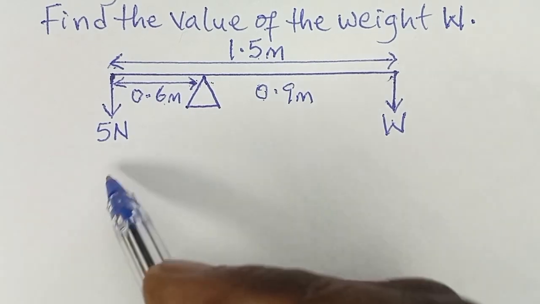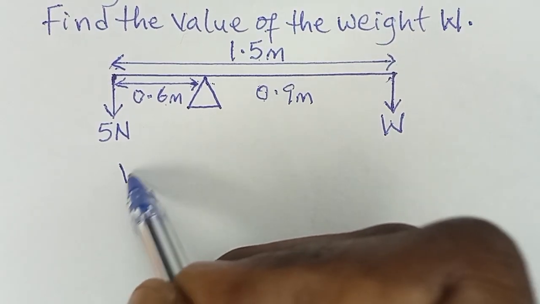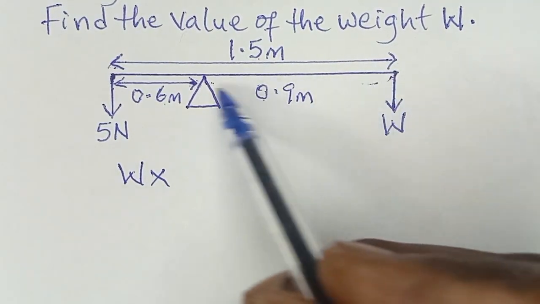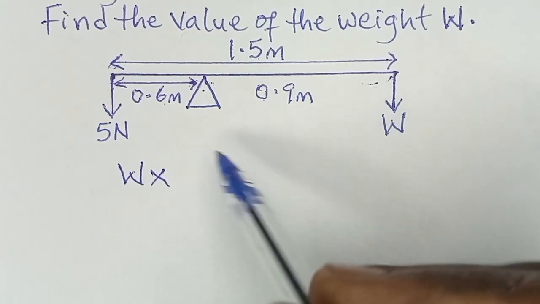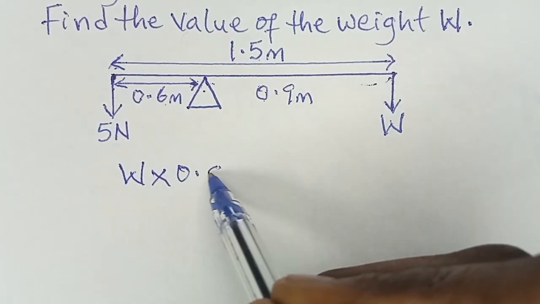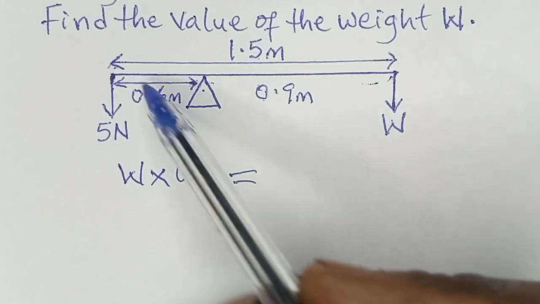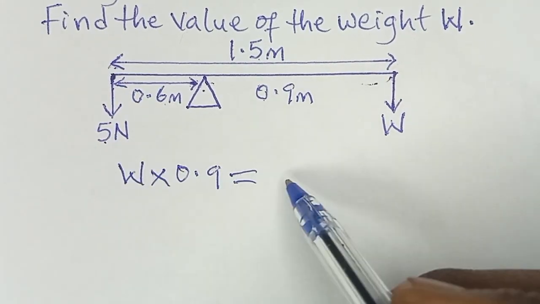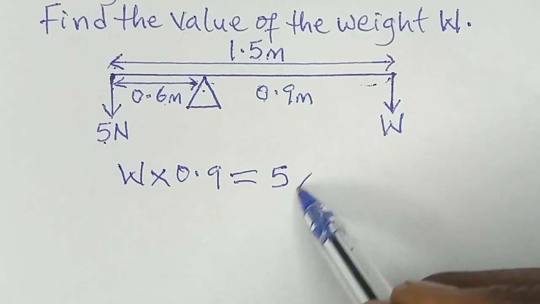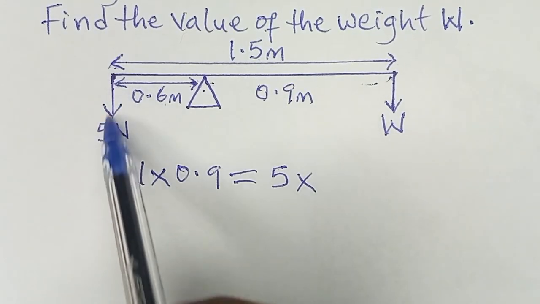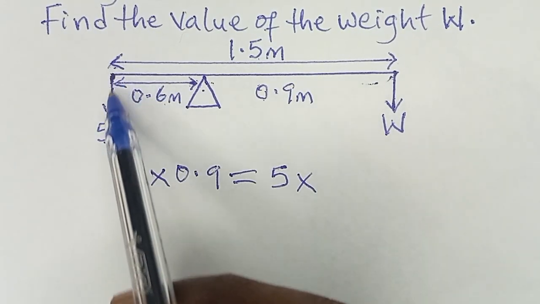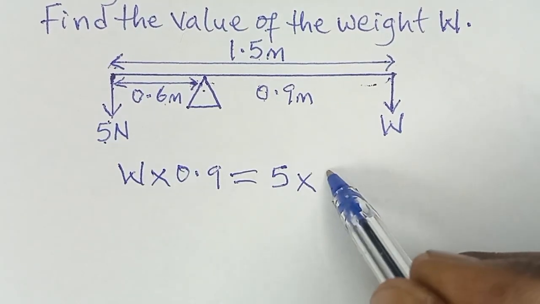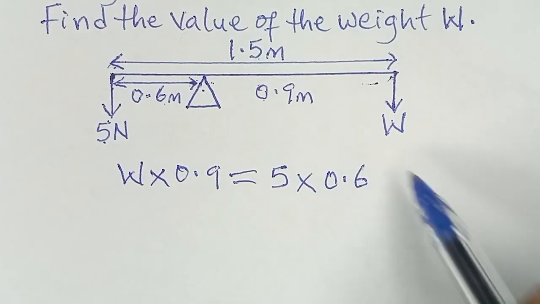So I now have W, which is this, multiplied by its distance from the pivot, which is 0.9, is equal to the anti-clockwise moment, which is this force, 5 Newton, 5 multiplied by the perpendicular distance of this same force from the support, from the pivot, and that is 0.6.